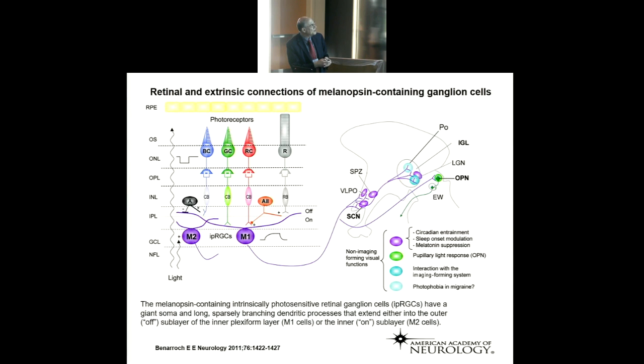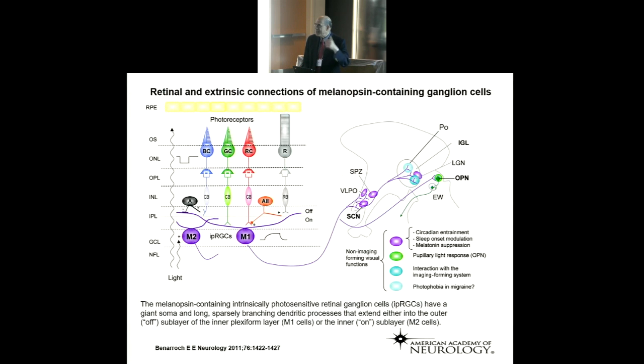And these have other features. Some of the features that are important, they are involved in the pupillary light response, so that if you get little light in the eye, the pupil closes. They're also important for sleep onset modulation and entrainment of the circadian rhythm, that is the sleep-wake cycle.